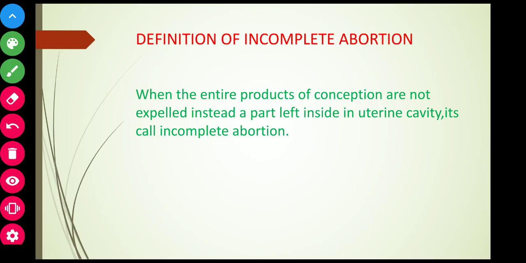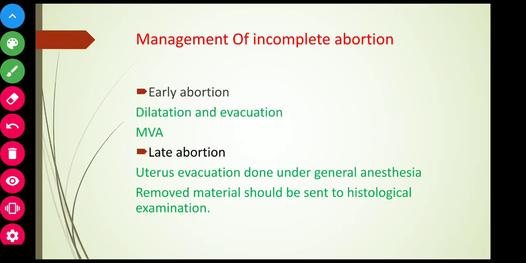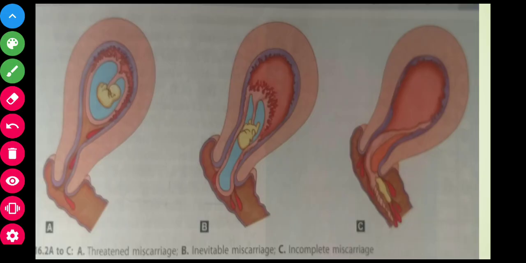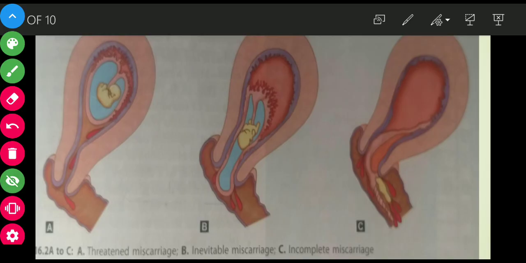Next we will see incomplete abortion or incomplete miscarriage. I will give an example here. This is a threatened abortion, this is inevitable and this is incomplete. In threatened, the baby is inside and this is the placenta, you can see. Bleeding has started here, but by taking medicine prescribed by the gynecologist, the pregnancy can be continued.